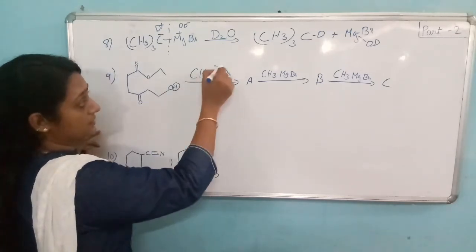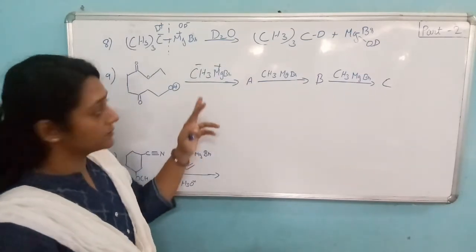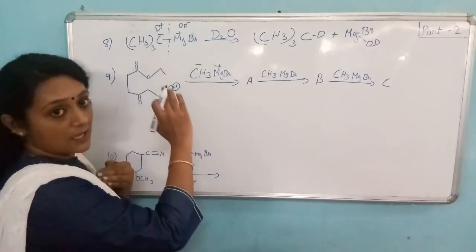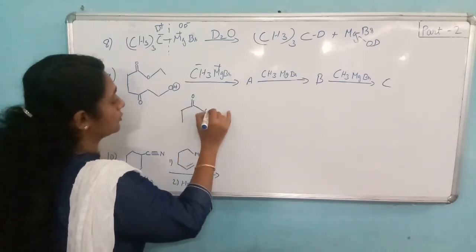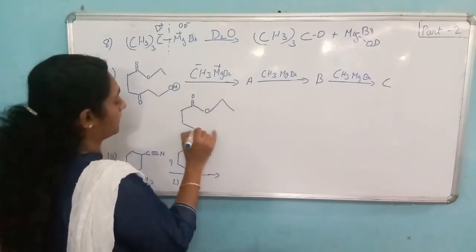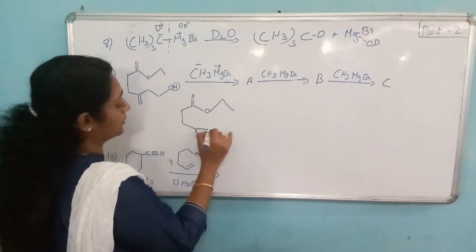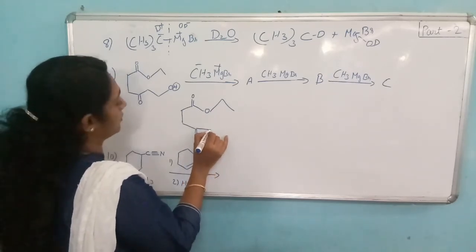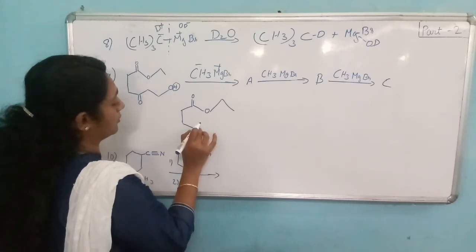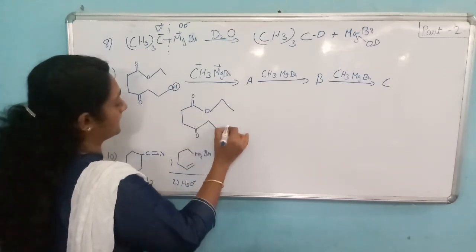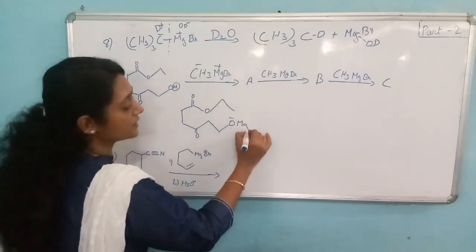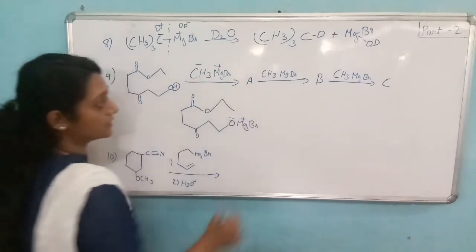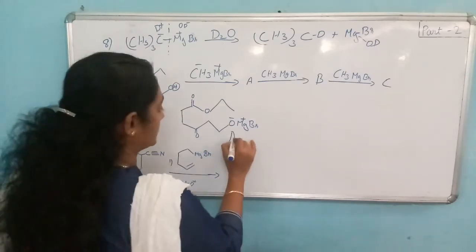So the CH3 minus from the Grignard reagent easily accepts this hydrogen and forms double bond O, O minus. Then to O minus MgBr comes. This is the product A.